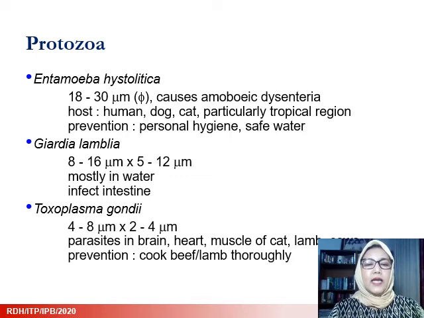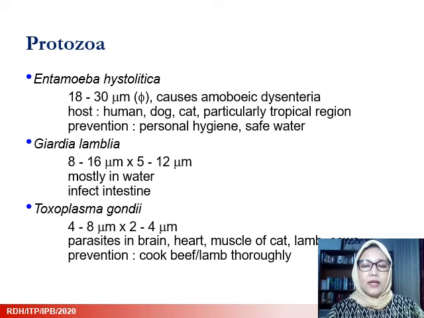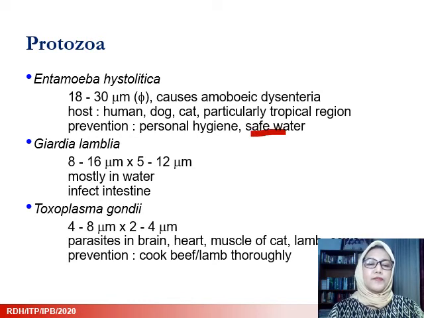The first one is Amoeba histolytica. It causes amoebic dysentery. The hosts of these protozoa are human, dogs, and cats, and they are particularly important in tropical regions. The prevention for Amoeba histolytica illnesses is personal hygiene and the use of safe water.